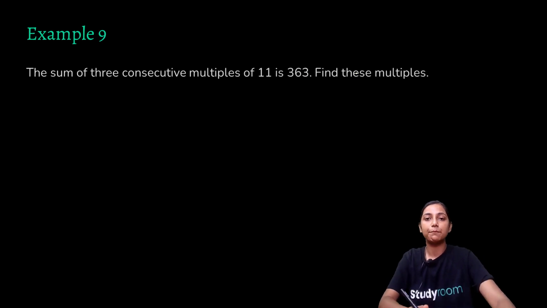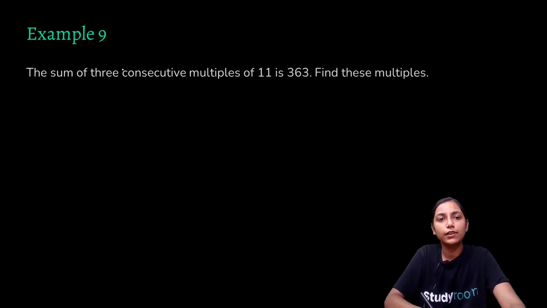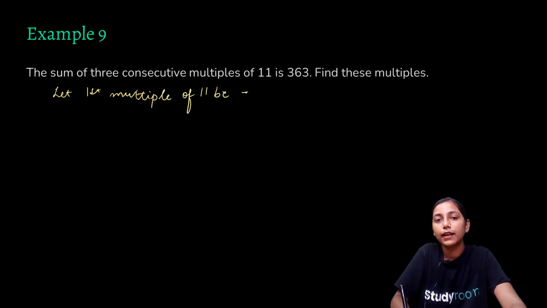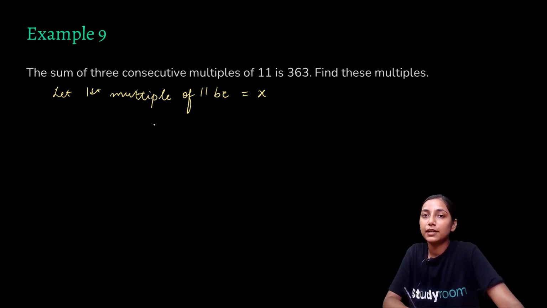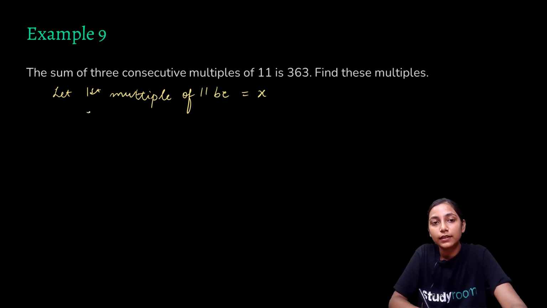Our next example is example number 9. The sum of 3 consecutive multiples of 11 is 363. Find these multiples. Okay, so let the first multiple of 11 be x. If we write the first multiple of 11 as x, what is the other consecutive multiple of 11, the second consecutive?